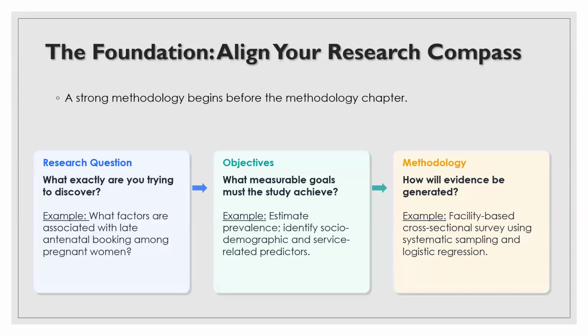So where's the foundation here? It lies in aligning your research compass. You have to appreciate the fact that a strong methodology begins before the methodology chapter itself. Like I showed you, it starts with a problem, starts with the hypothesis, starts with the research question, starts with the objective, because these things also flow into the methodology.